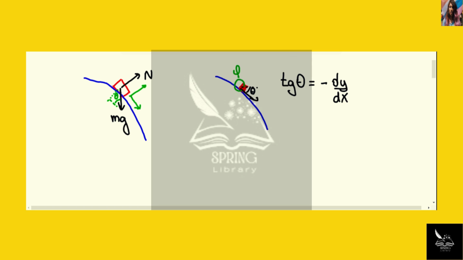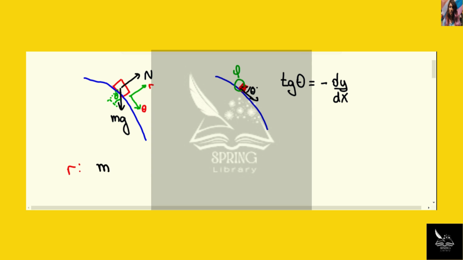If we want to decompose into the r and theta components, for the r component we have the normal force. Actually, let me write it the other way around. We have mg times the cosine of theta. And actually, I'm sorry, there's something wrong in the picture. The angle theta shouldn't be this angle, it should be the opposite angle.